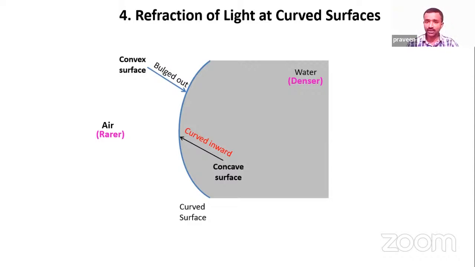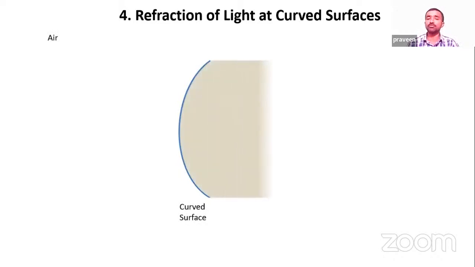Now we will understand the behavior of certain light rays with curved surfaces, right? To know about this, I'll consider a parallel beam of light. But before that, I'll give you a few more terms related to this curved surface.